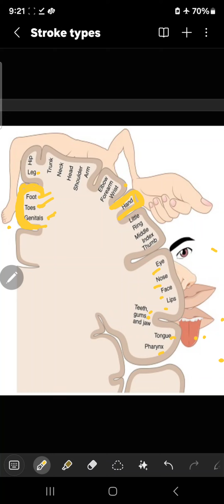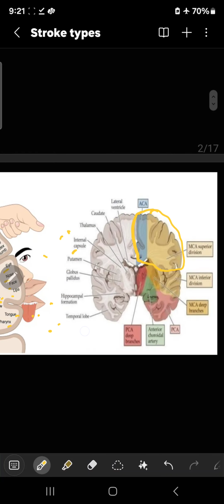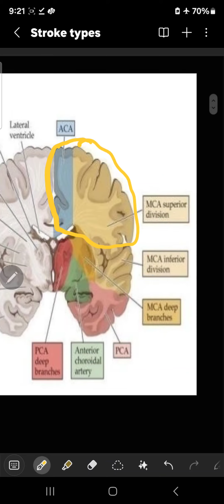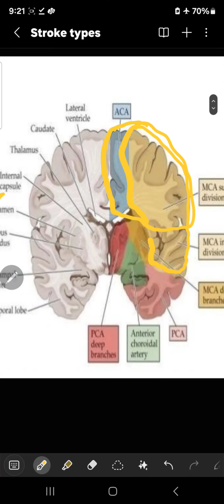So you have to remember this diagram. One more thing, they have given a color coding. ACA is the anterior cerebral artery, and this area will be gone. MCA is the middle cerebral artery, this part. And the posterior circulation artery is the posterior part.